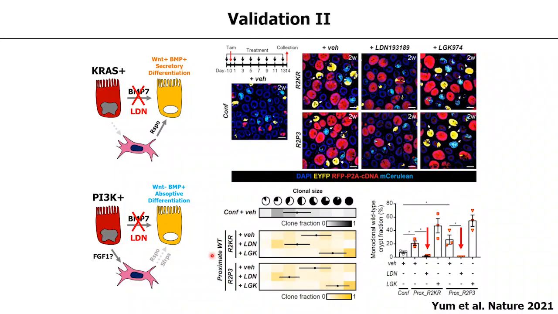When we check the statistics in a different way, we saw the same: in this mouse there is an elevation, but with LDN treatment, we can suppress this back to normal once again. So this confirms that BMP is the ligand that is mediating the crosstalk between red and yellow.